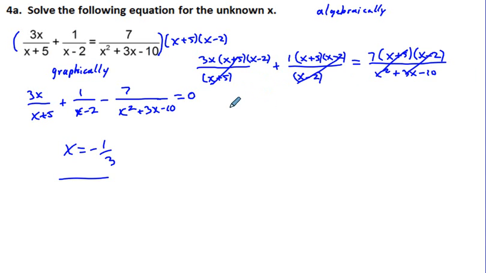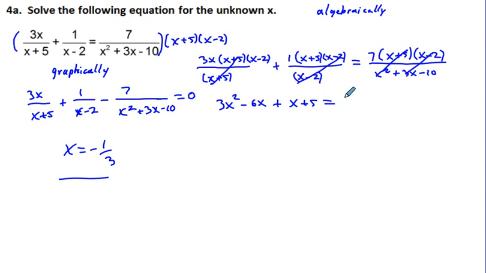So what we have left, we have 3x times x minus 2. So that's going to be 3x squared. And then 3x times minus 2, we're going to have minus 6x. And then plus, we're going to have 1 times x plus 5, so that's going to be x plus 5.